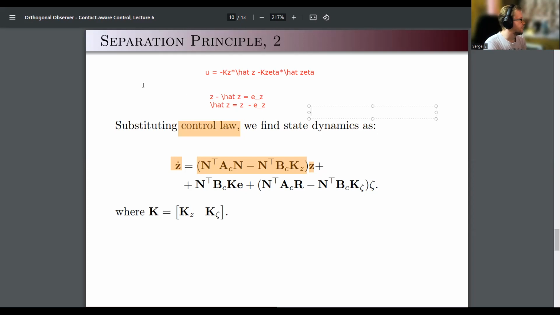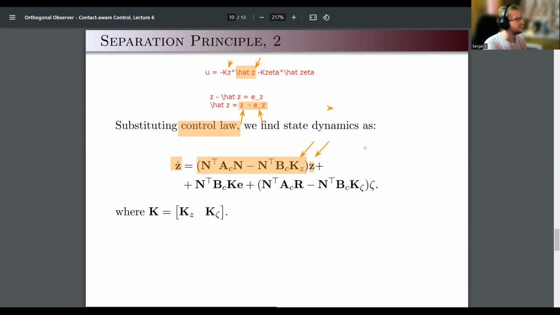So when we take this control law, what we actually do is instead of this guy here, we put this guy here. And that is how we have here this part, kz times z. It is from here, here, here. And this is why we would also have a separate component, kz times e.